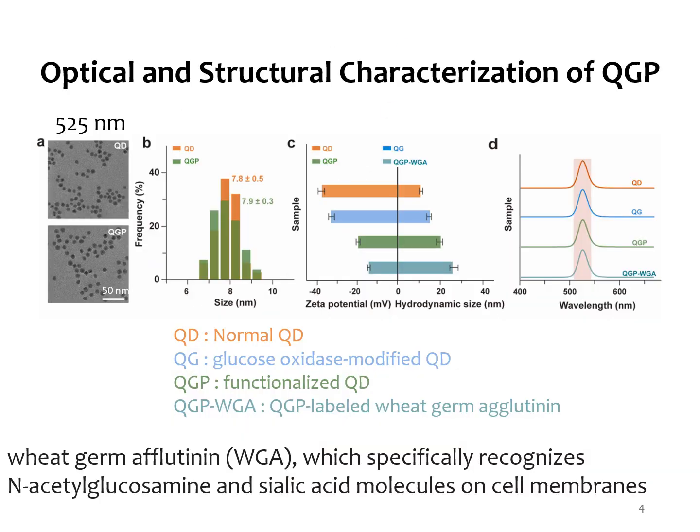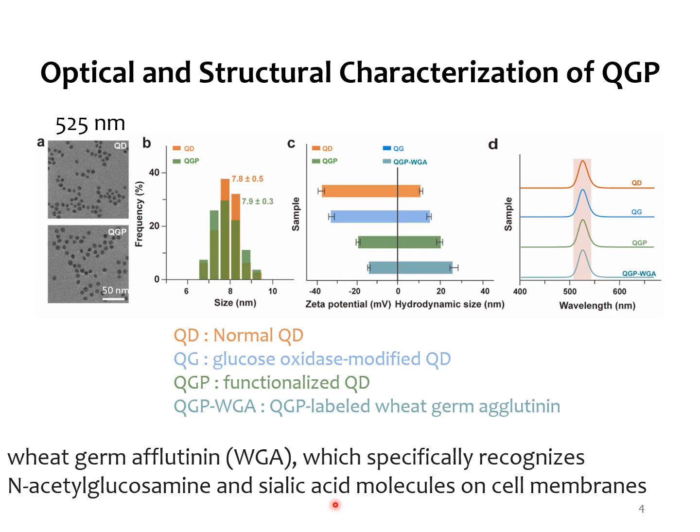In this experiment, three quantum dots with emission wavelengths of 525, 580, and 625 nanometers were used. WGA specifically recognizes N-acetylglucosamine and sialic acid molecules on cell membranes.